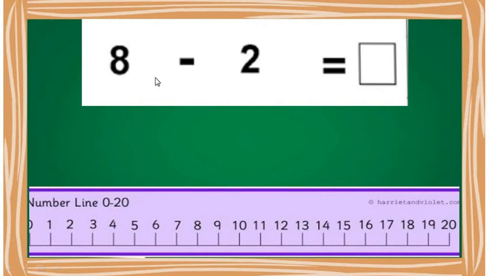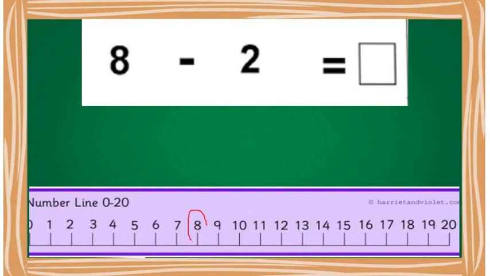The sum is 8 minus 2. Now you all understand well what we should do. First of all, go on given number line. Watch it carefully. Find out number 8, as our sum is 8 minus 2. So where is number 8? Look, here it is. Okay?